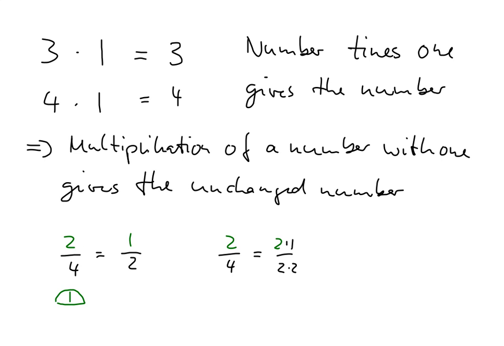What you now have is common factors in the numerator and the denominator, and what you can do is cancel them out. So you have times 1 and times 2, and here is 2. And now you can just cancel the common ones.